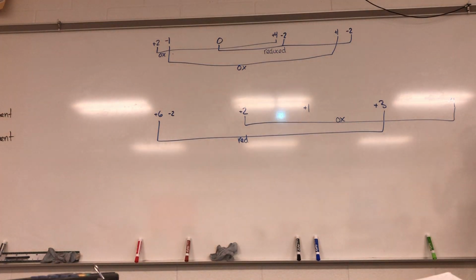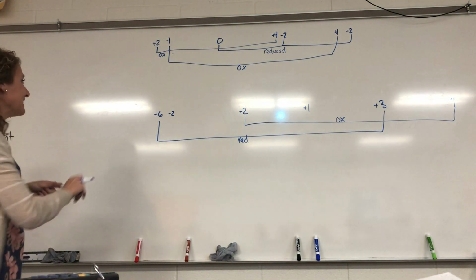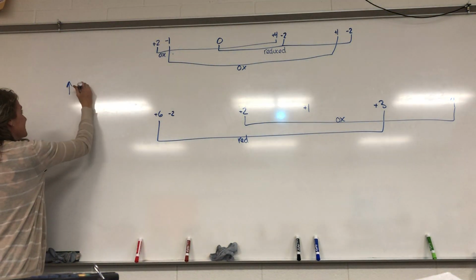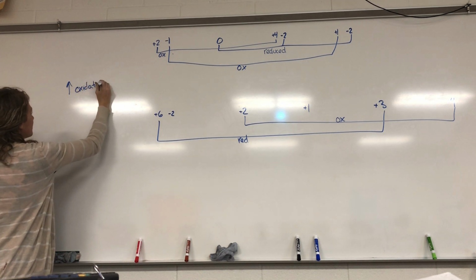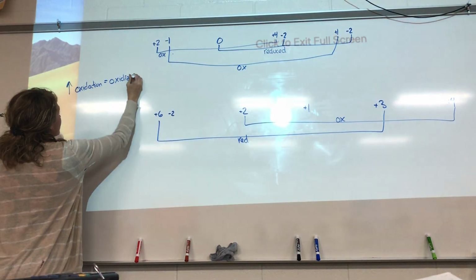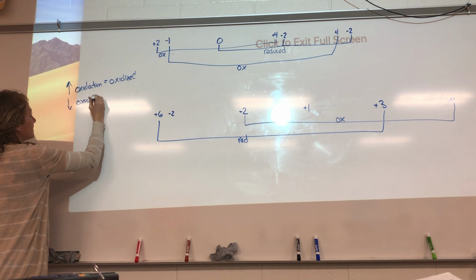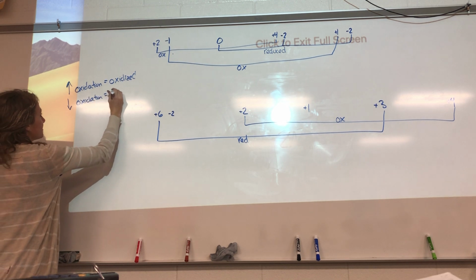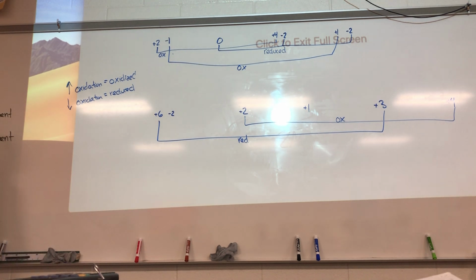So if you give away a negative, you'll become more positive. Here's kind of a summary: an increase in oxidation state means it's been oxidized. A decrease in oxidation state means it's being reduced. Does that answer your question, Calvin?